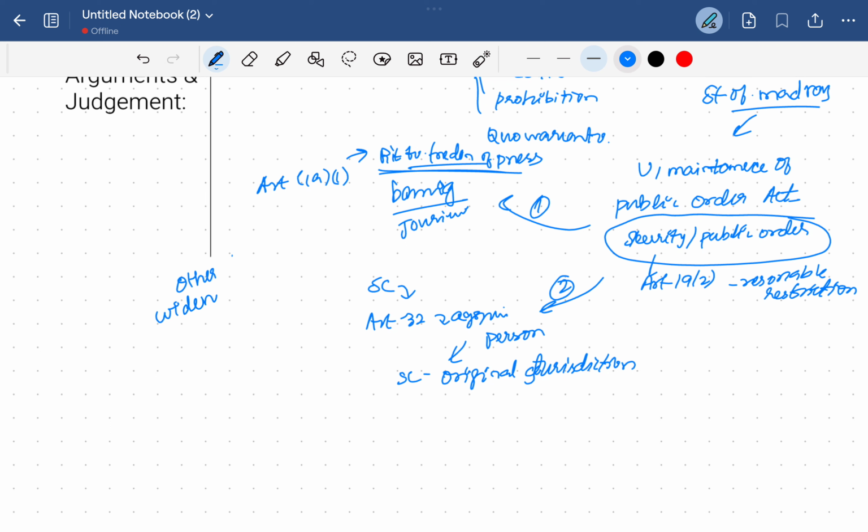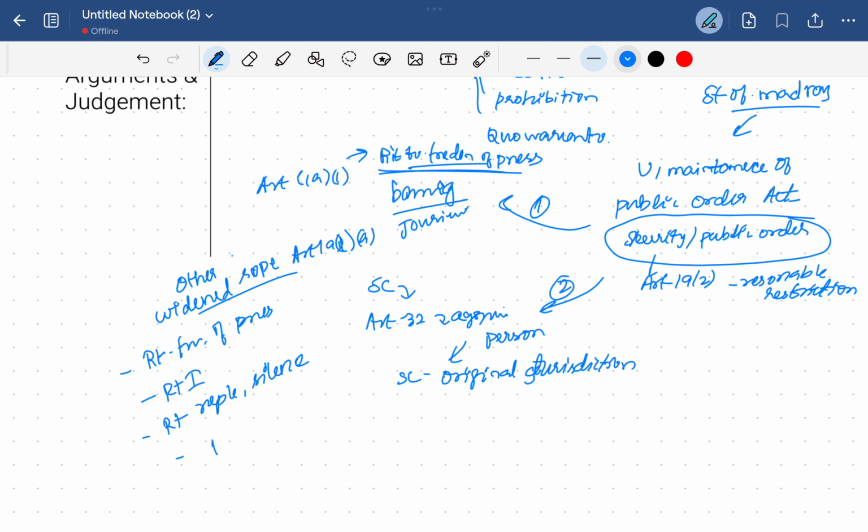The other widened scope of Article 19 clause 1A includes the right to freedom of press, the right to information, RTI, then the right to reply, then the right to remain silent, then the right to know the antecedents of candidates in election.